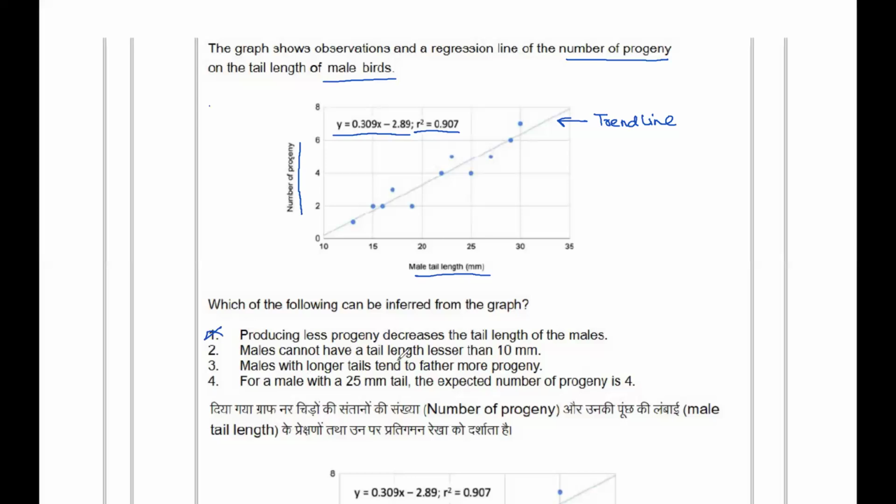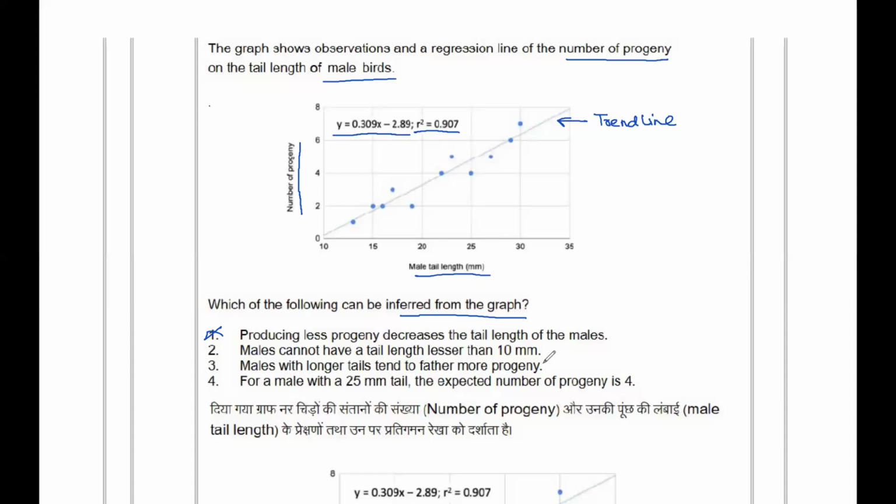Males cannot have tail length lesser than 10 mm. Well, we don't have any proof for that. They could have rephrased the statement and said that according to the graph, the male progeny being observed do not have a tail length less than 10 mm.